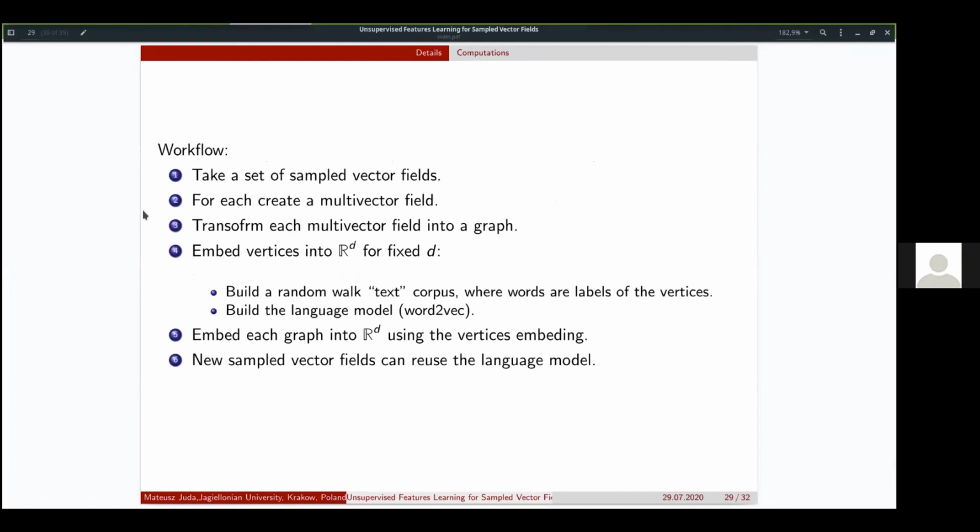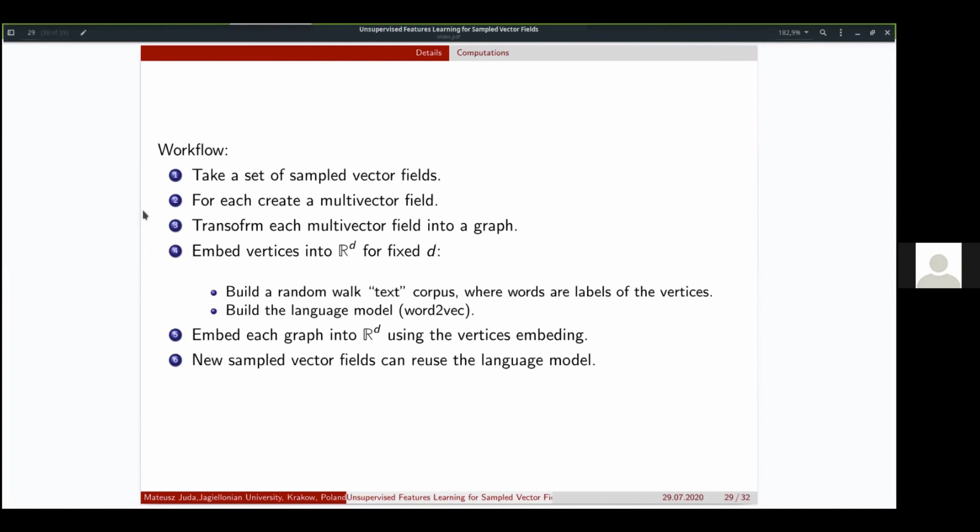So we decompose the triangulation according to the vectors given in the data. Then we can transform the multivector field into a graph. Or when we have many multivector fields, we can create many graphs. Or when we have just one vector field, we create just one graph.